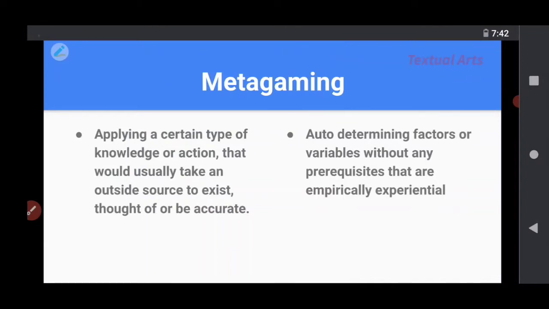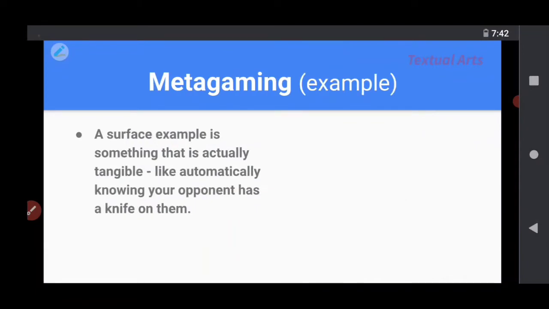Some of those examples are pretty simple. One is a surface example, meaning something pretty basic, something tangible, something you can see. It's like automatically knowing your opponent has a knife on them. So if an opponent says, I have a hidden knife in my back pocket, and you say your character goes behind your opponent and grabs the knife, how did you know that knife was there?